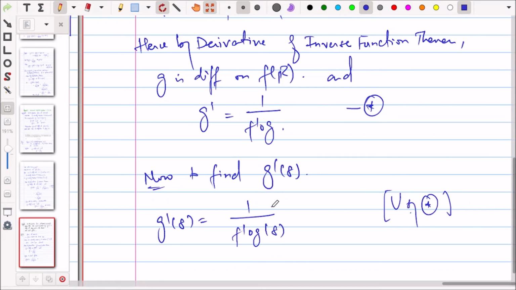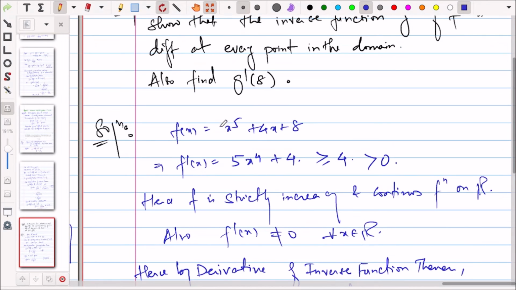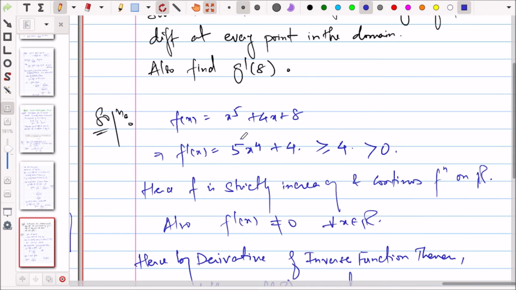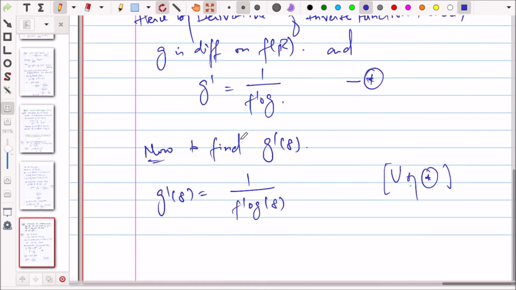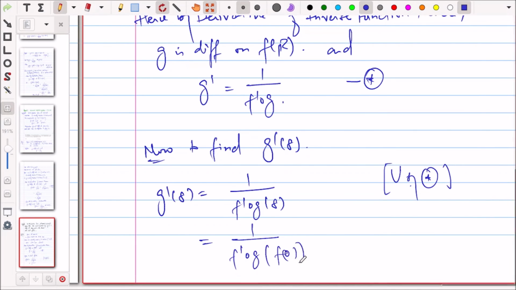Now tell me, at which value of x does f take the value 8? What x value should we put? 0. Yes, 0. So this is 1 by f dash of g of f of 0. This is 1 by f dash of 0 because g of f of 0 is 0. So this is equal to 1 by f dash 0.